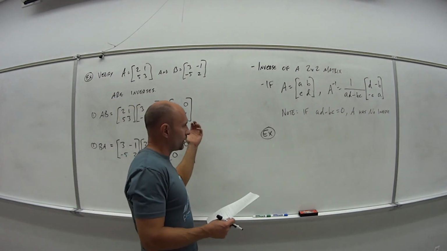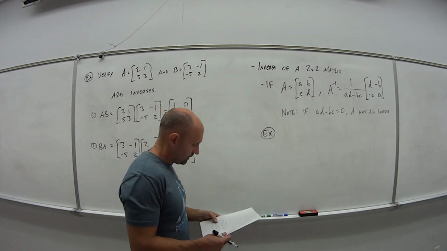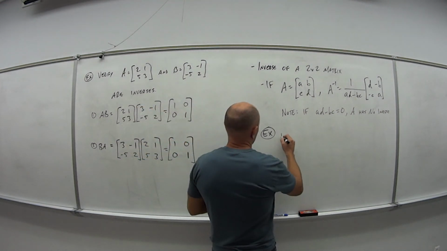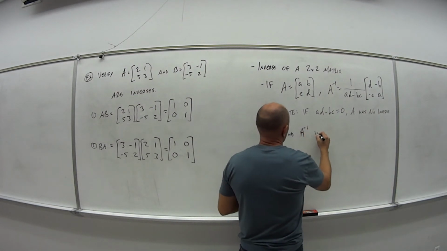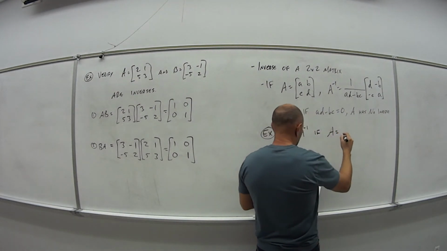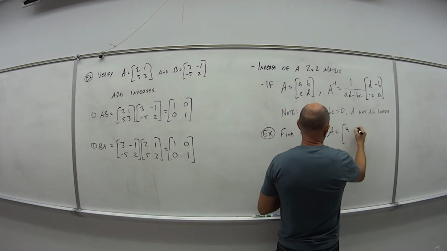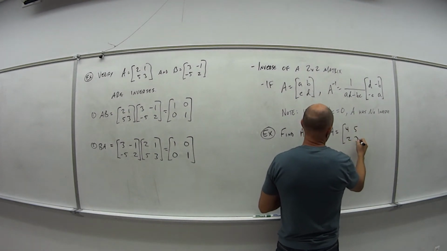But let's say that we're not given them. Let's say we're given a matrix and we want to find the inverse. Find A inverse if A is [4, 5; 2, 3].